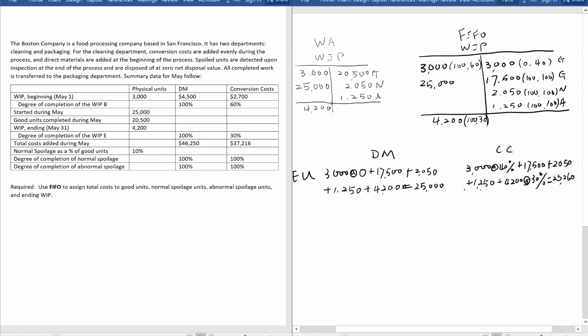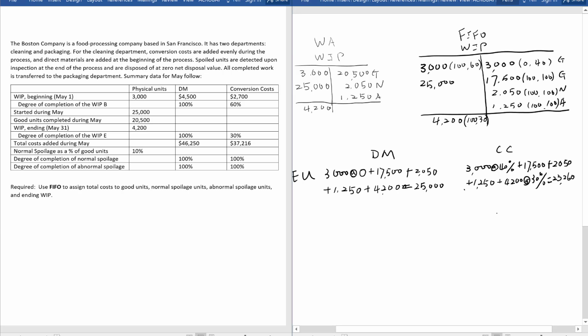Note that 3,000 units use 60% conversion cost from last month and only 40% from the current month. So we multiply by 40% here. Also note that 4,200 units are 30% conversion costs used. Therefore, we use 30% here.